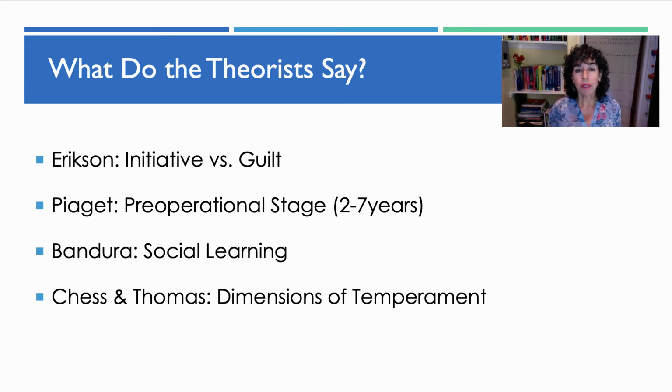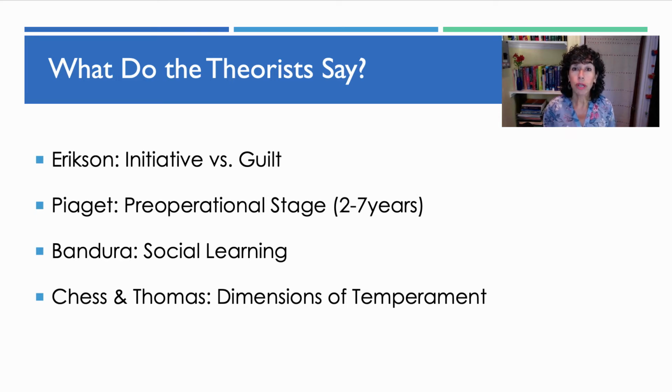The child who is in a pre-operational stage is also egocentric, so they cannot see anything from anyone else's viewpoint. They're very focused on themselves, and that's typical. And they are also able to only focus on one aspect of a stimulus or a situation to the exclusion of everything else, and that is termed centration.